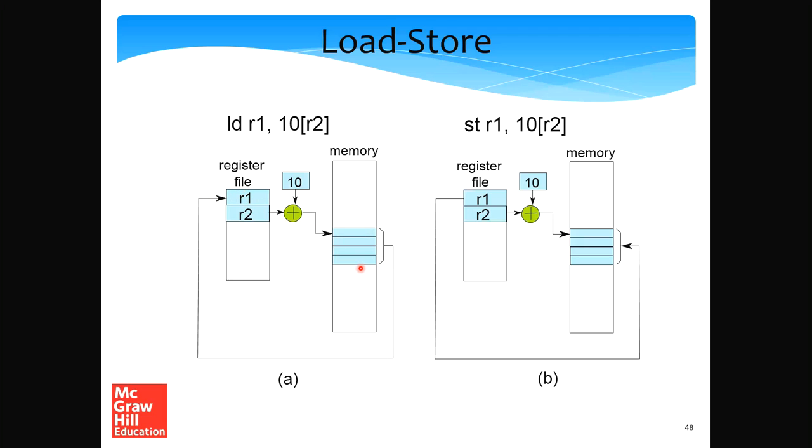Instead of 4 bytes, in a 64-bit system, it can be 8 bytes. That doesn't matter. So in this case, in a 32-bit system, we read 4 bytes from memory and put it in a register. So store actually does the reverse. In this case also we compute the address, but instead of the flow of data being from memory to a register, the flow of data is actually reversed. It is from a register to memory.